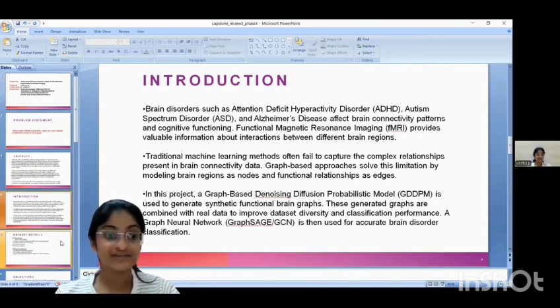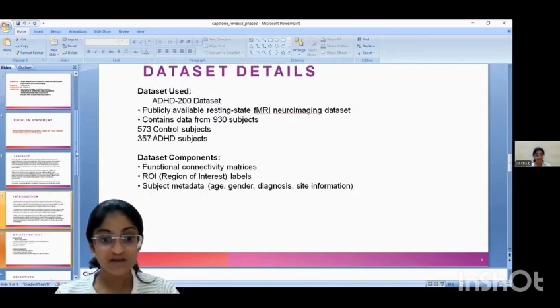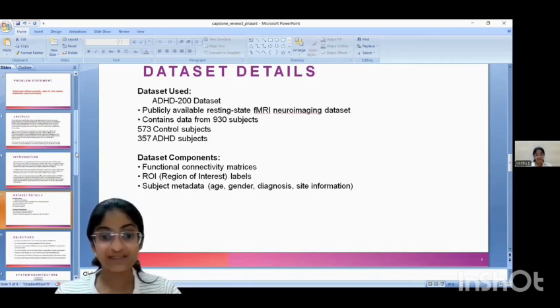Coming to the dataset details, we used the publicly available ADHD 200 dataset. The dataset contains the resting state fMRI scans of 930 subjects, including both ADHD patients and healthy control subjects. We used the CC200 atlas, which divides the brain into 200 regions of interest, also called ROIs.